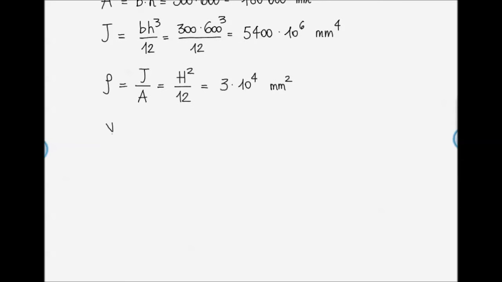Well, in this case, we have YGI equal to YGS, the distances of the centroid from the superior and inferior fiber of the cross-section. They are, of course, both equal to H over 2, which is 300 millimeters.